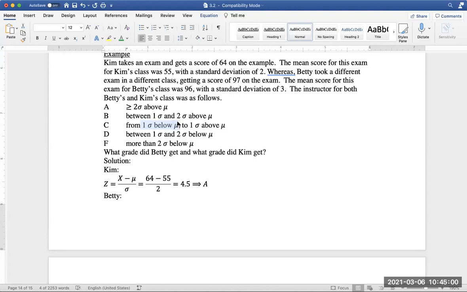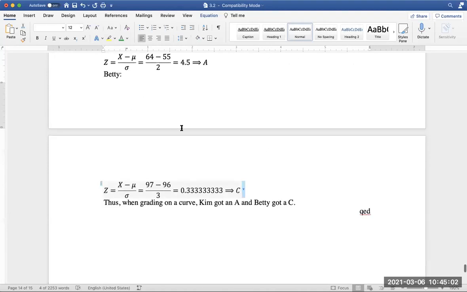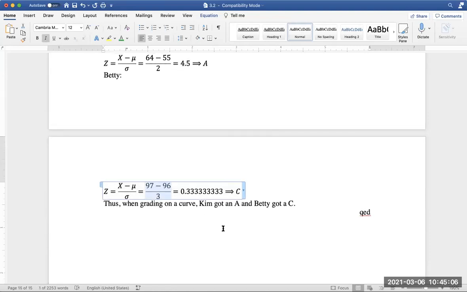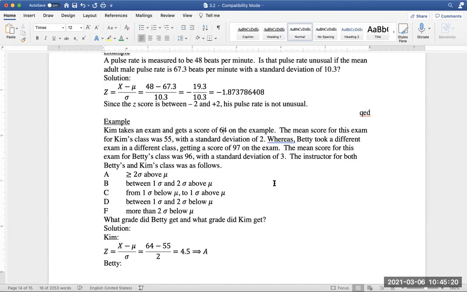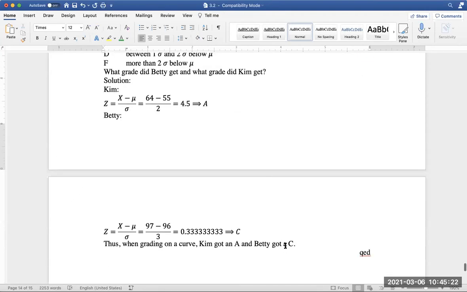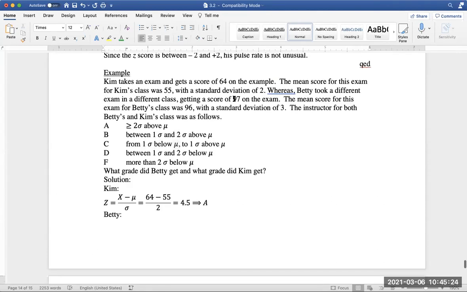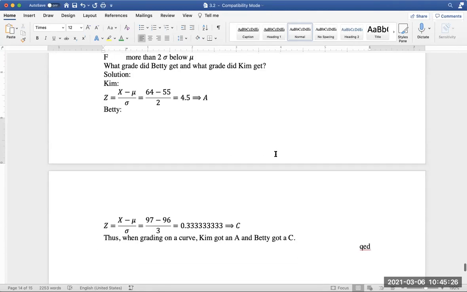Therefore, you have a C. So Betty, who got a 97 on the exam, got a C. So looking at the curve, Kim got an A with a score of 64, whereas Betty got a 97, and that gave her a C.